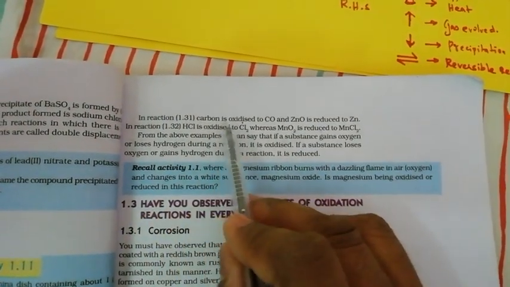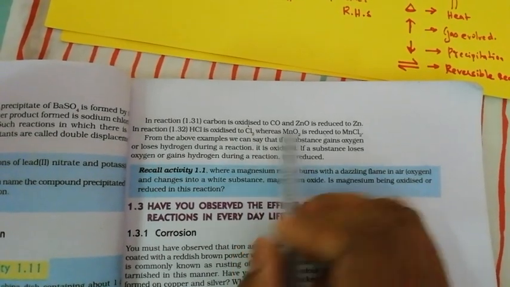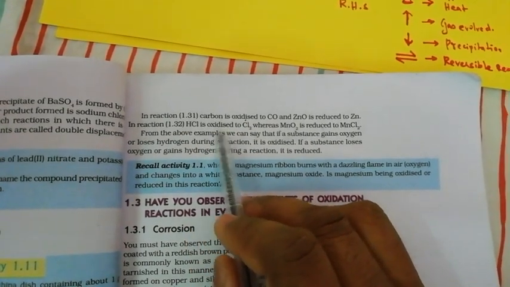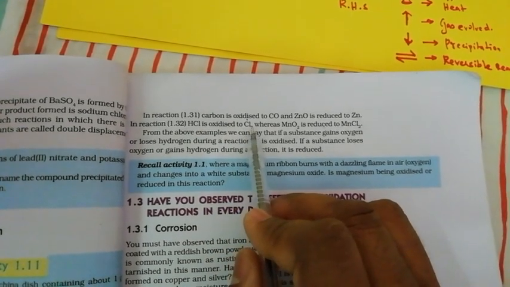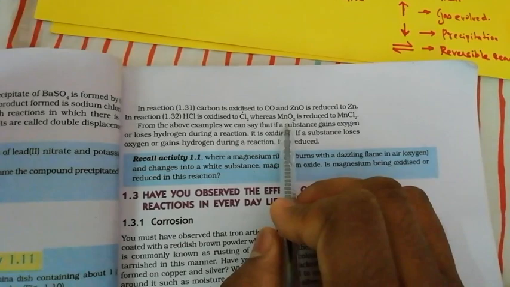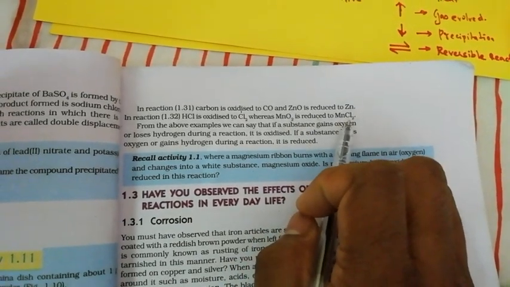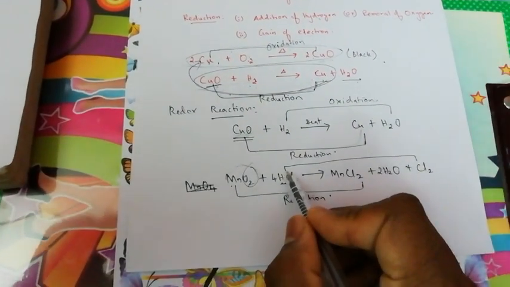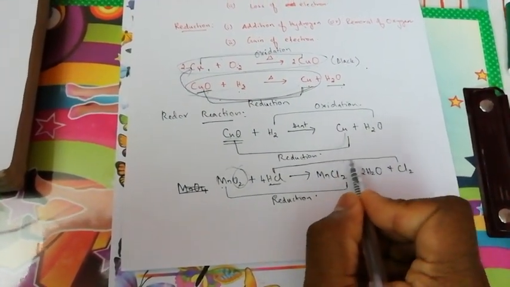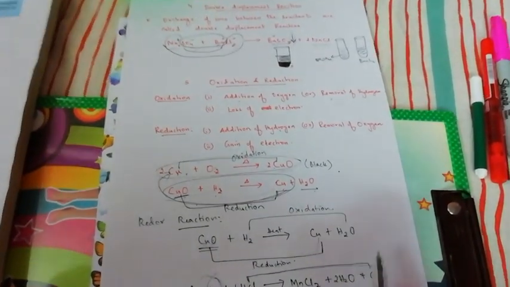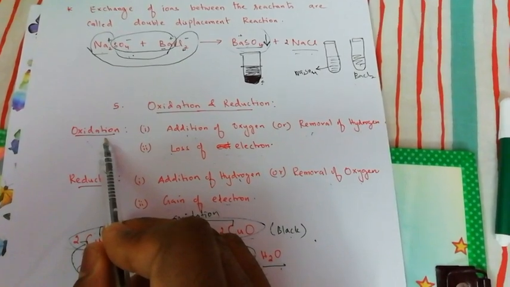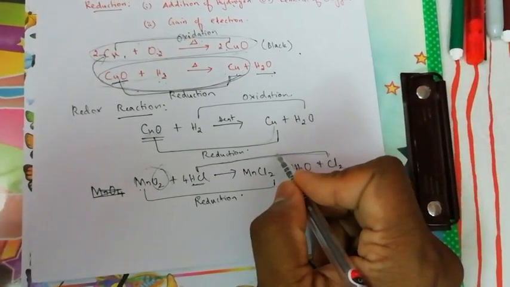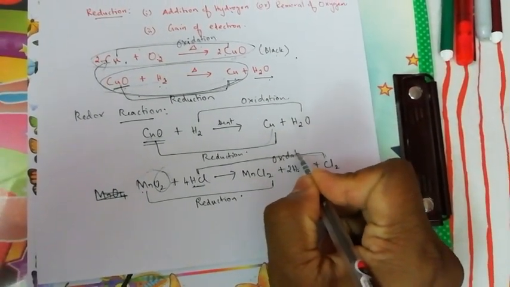In this reaction, hydrochloric acid is oxidized to chlorine, whereas manganese dioxide is reduced to manganese chloride. Right? So in hydrochloric acid, hydrogen is removed. That means a removal of hydrogen takes place, and so that is also said to be an oxidation reaction. So I write it here as oxidation reaction.